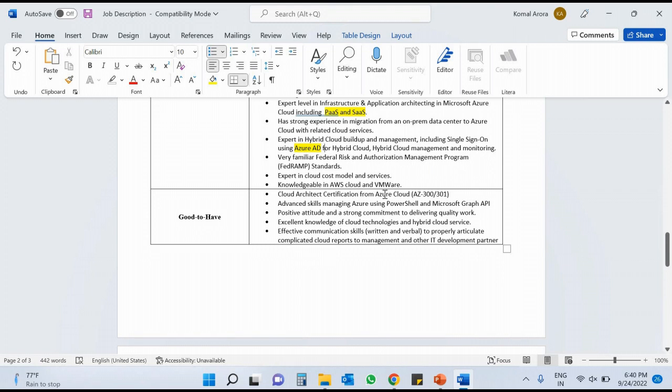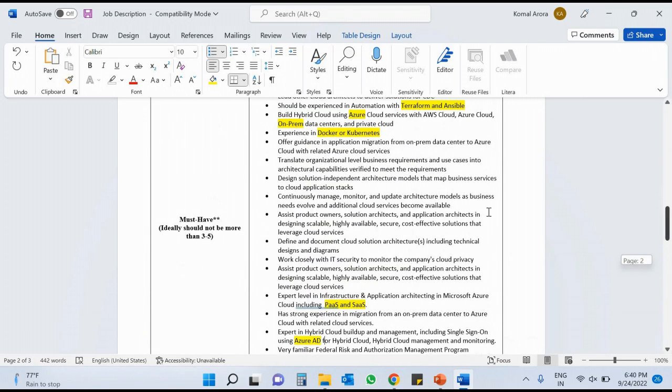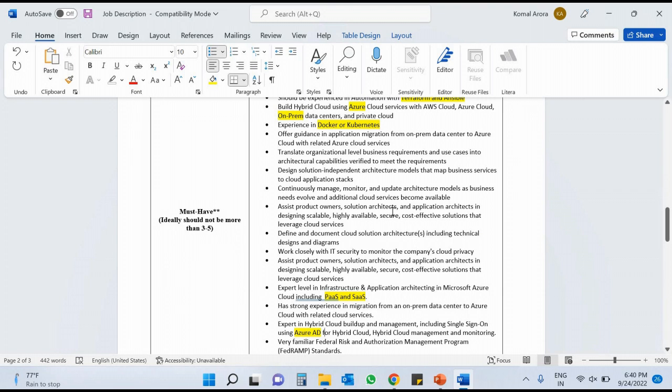Friends, when we get a JD containing 4 to 5 pages, we do not focus on good to have technology, because a lot of things are already mentioned in the must have column. Whenever we get a long JD, just focus on the must have technology and avoid the good to have.